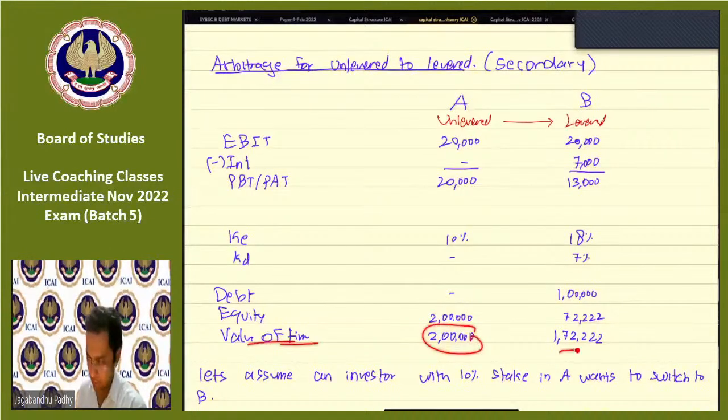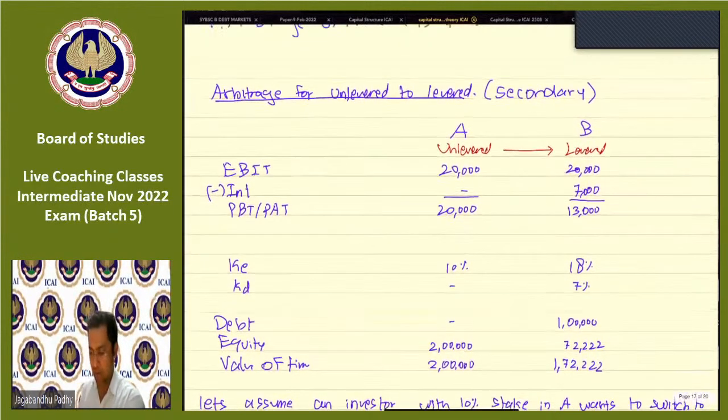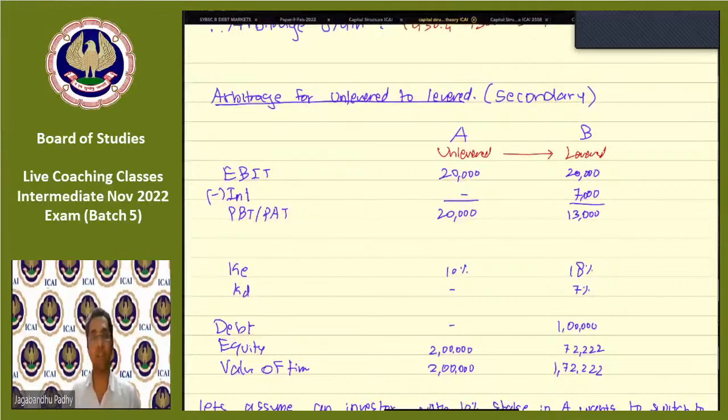The overall value of the firm is the total of these two. How do you get this equity value? Equity value is your PAT divided by 18%. Now, out of the levered and unlevered, tell me which of the firms is overvalued and which is undervalued.